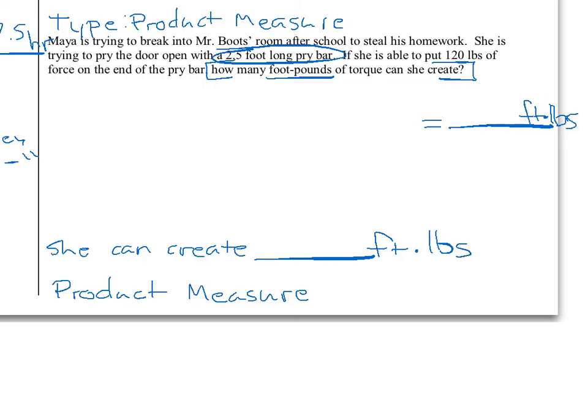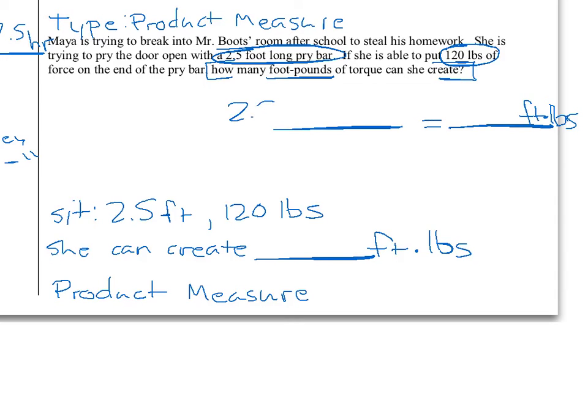So we're given a situation of 2.5 feet long and 120 pounds of force. So I want to pay attention to my units here. I need feet and pounds on top. Leslie? Yeah, just put them all together. So 2.5 feet, thinking about it as we need a foot times pounds. So 2.5 feet times 120 pounds.